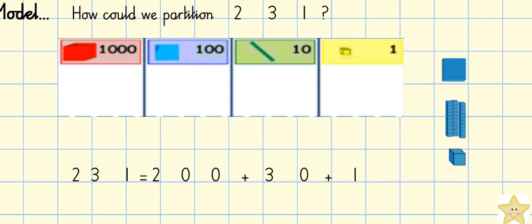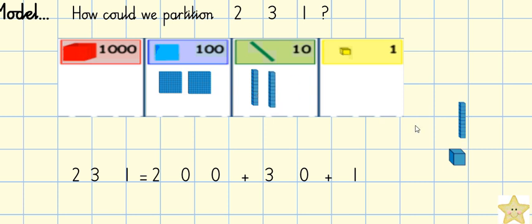So how could we partition a number? So here's my number. I've got 231. 231 is made up of 200s. So here I've got my base 10 and I'm going to represent that in there in my place value grid. And then I've got 3 tens. I'm going to insert my 3 tens into the place value grid and I have got 1 one.